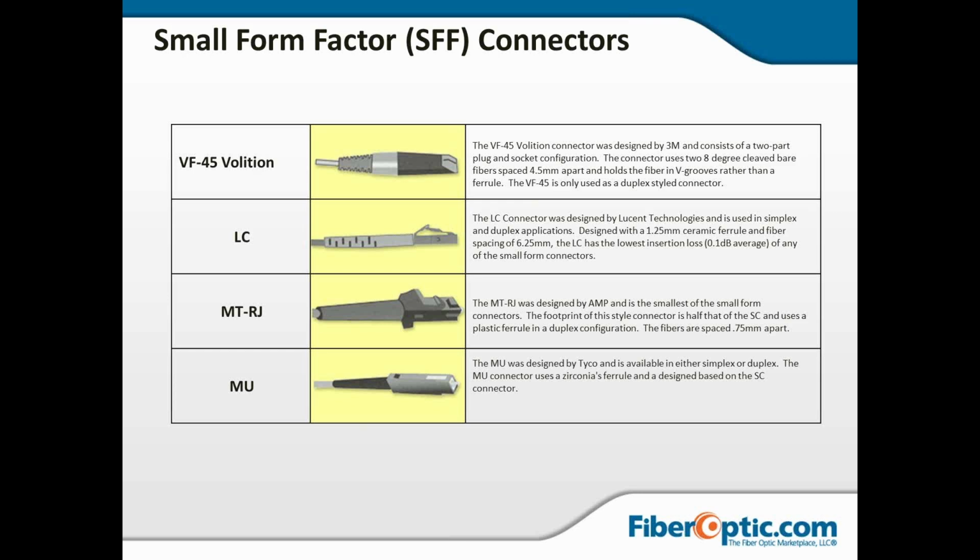It's easy to work with, and the mating sleeves are bulkheads. Actually, there's the bulkhead for two SCs, or LCs rather, two LCs. It goes exactly into the same spot on a front panel that one SC did.